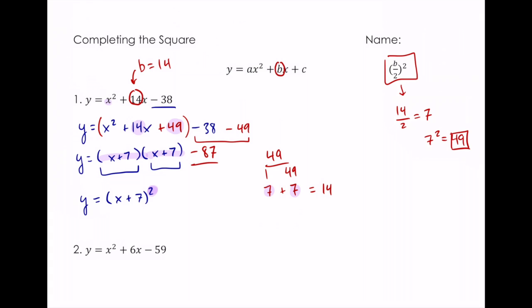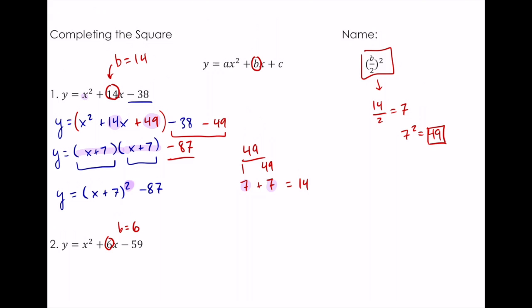And then we can just write that minus 87 at the end. All right, we're done. We have successfully completed the square. This is how our final answer should look. Our factored form written in parentheses with an exponent of 2 and then a constant at the end.